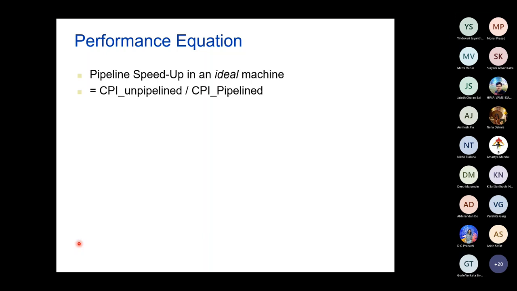Agreed? And this would be the same as, in terms of CPU time, the CPU time in the unpipelined machine divided by the CPU time in the pipelined machine. So what is the value of the CPI for the unpipelined machine? The first term.